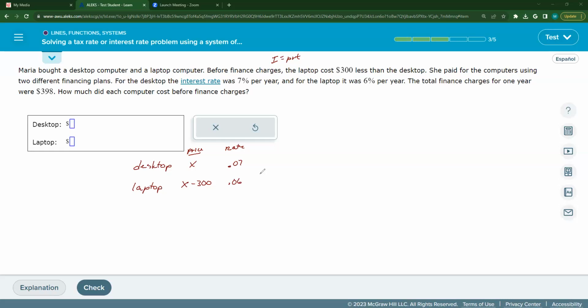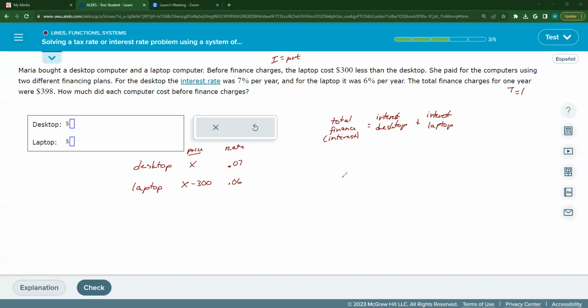The total finance charges after 1 year. So my T equals 1. So I'm not going to need it too much. We're $398. So total finance, which is interest, equals interest desktop plus interest laptop.